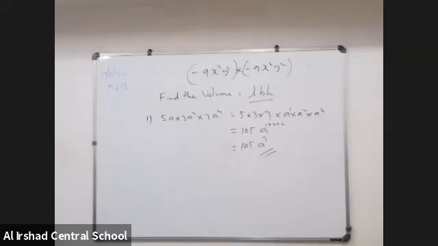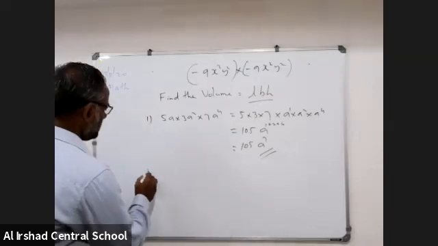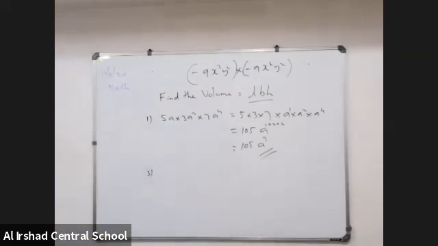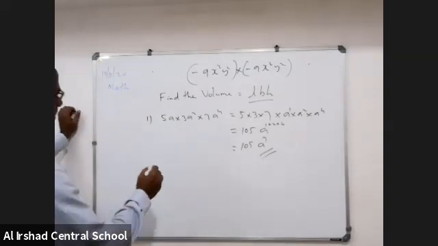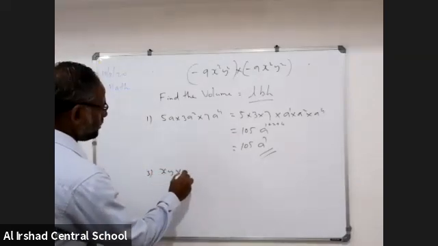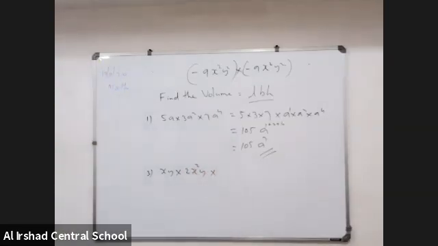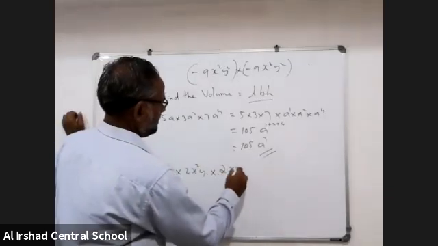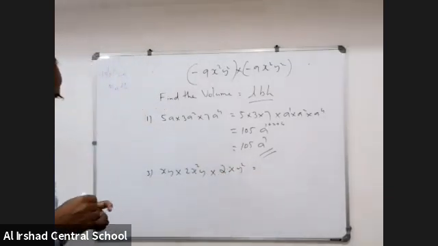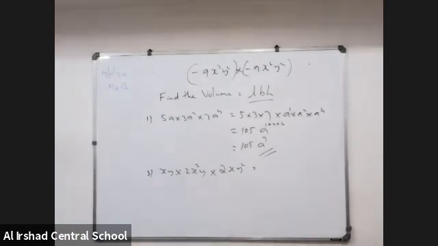Okay. Now, second you can do. Third one, xy into 2x square y into 2xy square. Third one. Second homework, third one. All of you know that xy into 2x square y into 2xy square. What is it?